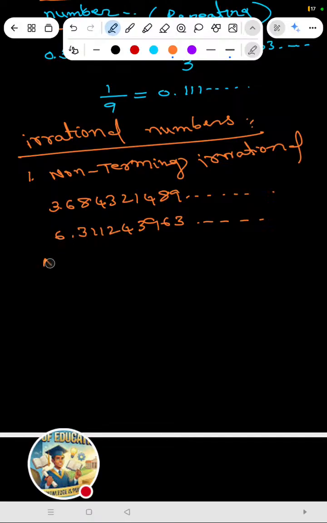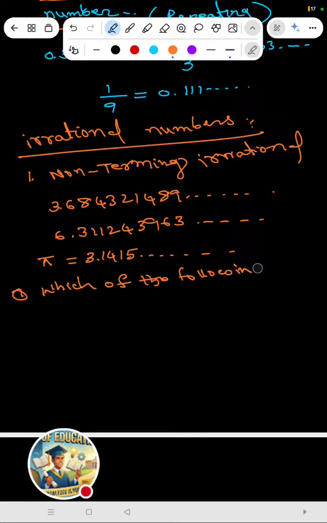For example, the pi value is 3.1415 and it continues. The pi value is also an irrational number. They will ask a question in bits: which of the following is a rational number?